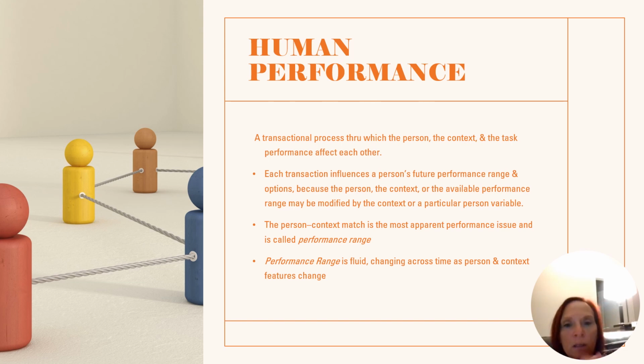So the person context match is the most apparent performance issue and is called performance range. Okay. The performance range is fluid and changing across time as the person and context features change. So as someone gets older, their context changes.